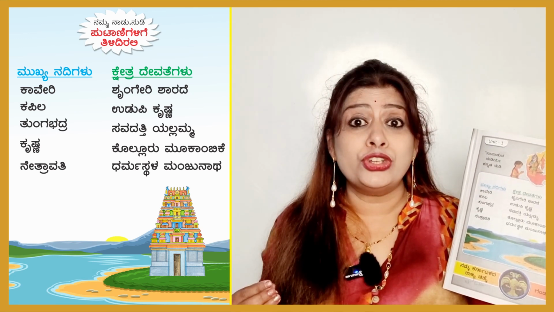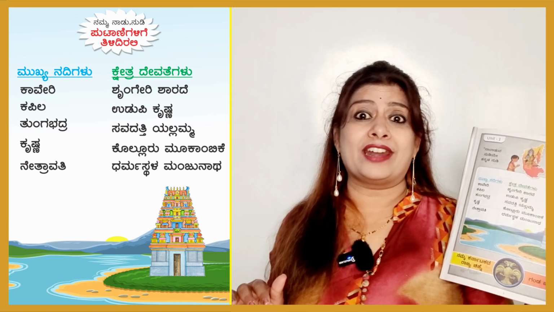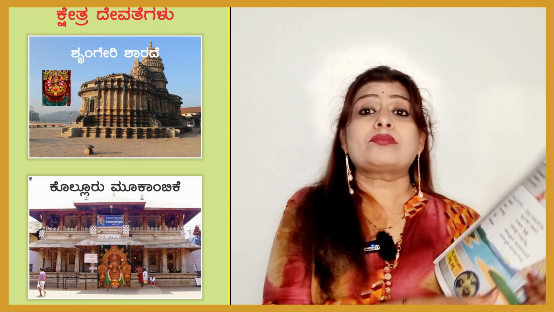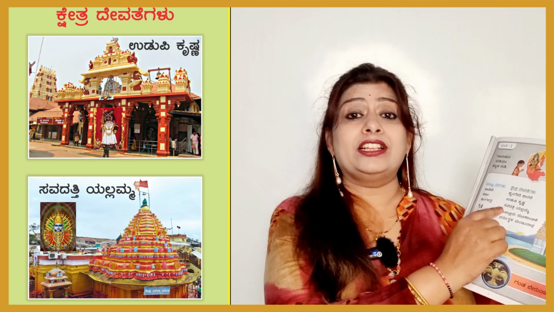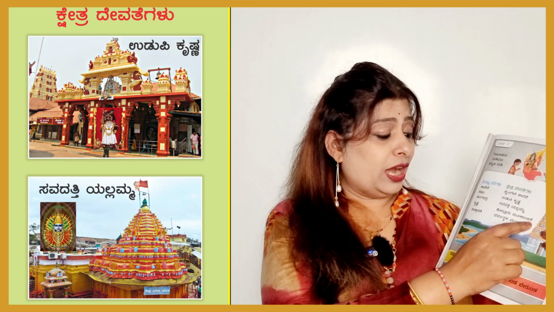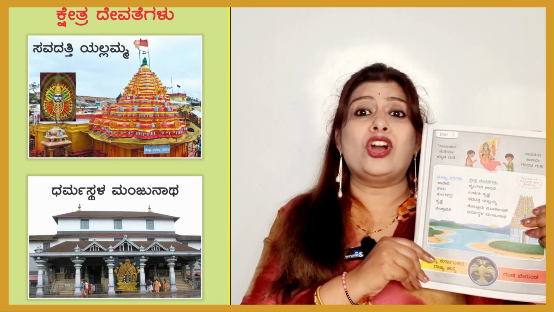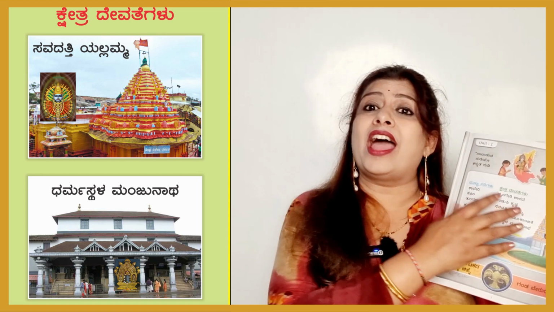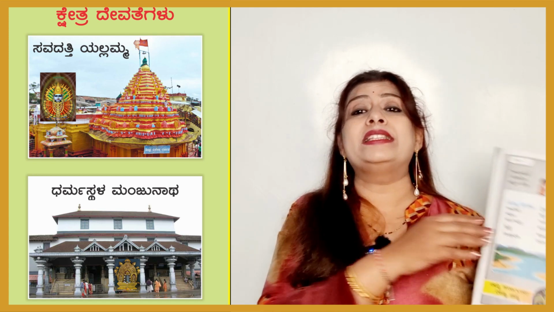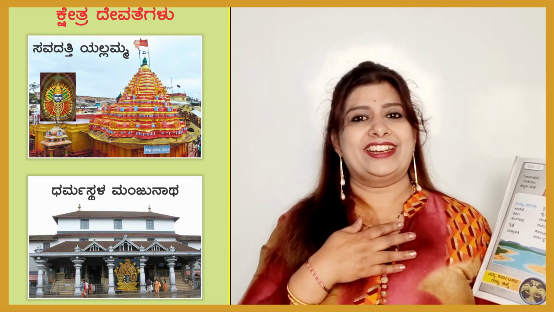And she introduced Anu and Manu to 5 important pilgrims of Karnataka, and that was Sringeri Sharade, Udupi Krishna, Savadatti Yellamma, Kolluru Mookambike and Dharmasthala Manjunatha. So letter God took around Anu and Manu across Karnataka and they visited these temples, and Anu and Manu were very impressed with the culture and tradition of our Karnataka.